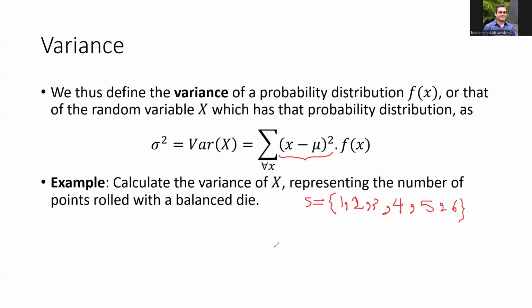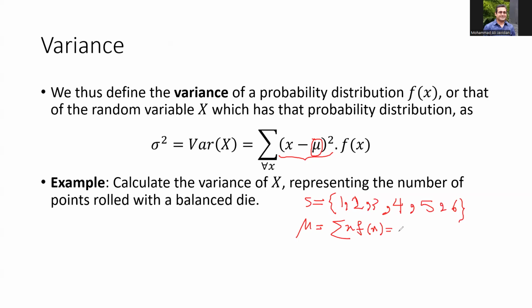I'm going to compute mu first because I need the value of the mean. So mu is sigma x times f of x. That's the mean of the random variable x.